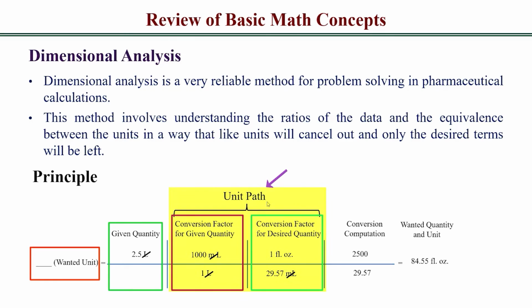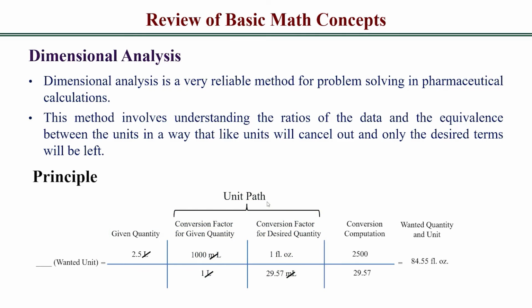The conversion factor for the given quantity and the conversion factor for the desired quantity form what is known as the unit factor, hence the name unit factor method. As the units cancel out, you multiply all the terms in the numerator, divide by all the terms in the denominator, and that will give you the quantity and unit that you need. It's important to stress that you don't need to set it up using the horizontal and vertical lines. You can simply use multiplication throughout your setup, and I'll illustrate that when we solve some practice problems.